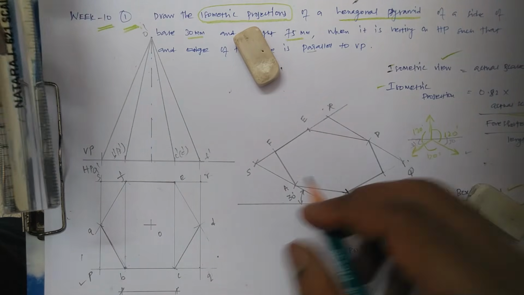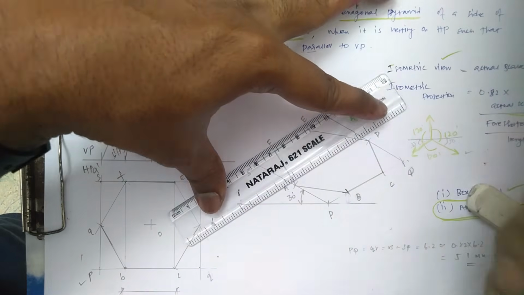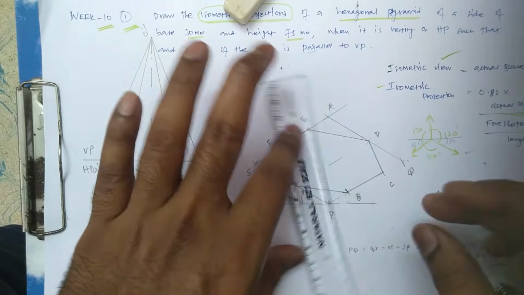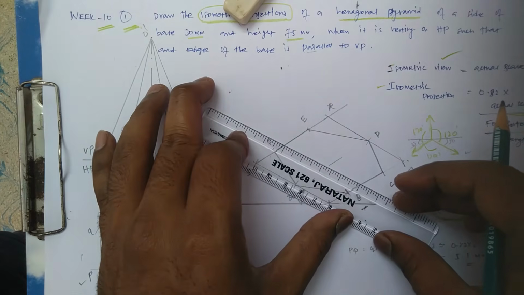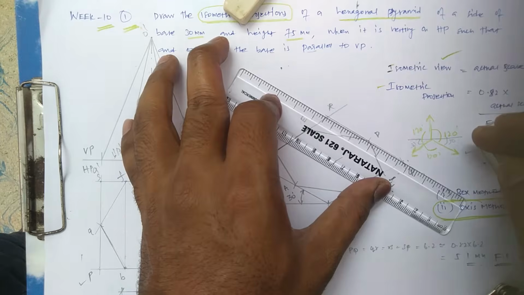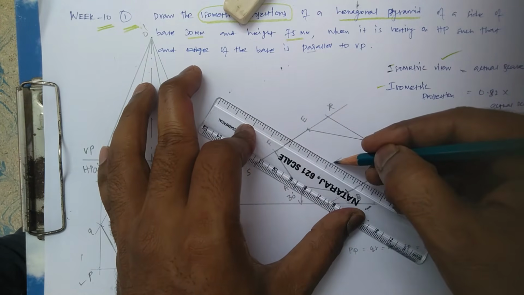pyramid. So we need to identify the axis point O. How will you identify? We can connect these points and we can connect parallel to this line, the center of this line. Draw this parallel and you can get a point if it is a center.